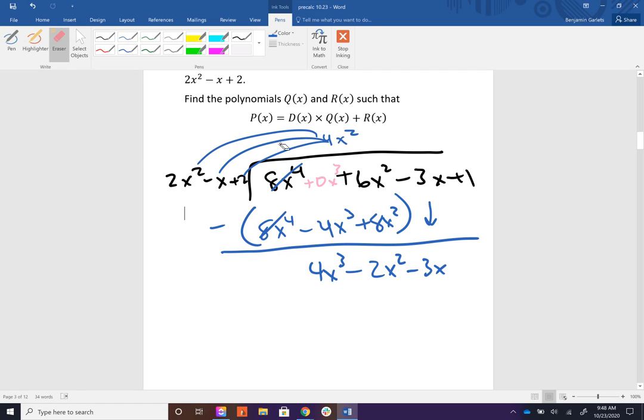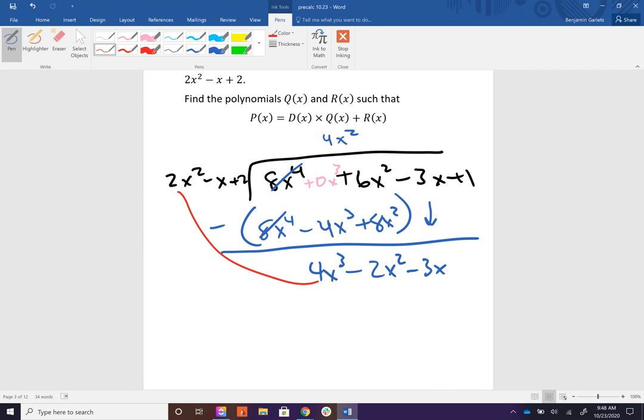All right, and then we're going to do the same thing now. We're going to divide 2x squared and see how many times to get 4x cubed. So let's look at the coefficients first. We need to multiply by 2. And we need to go from x squared to x cubed, so we need to multiply by 1x. So 2 and x.